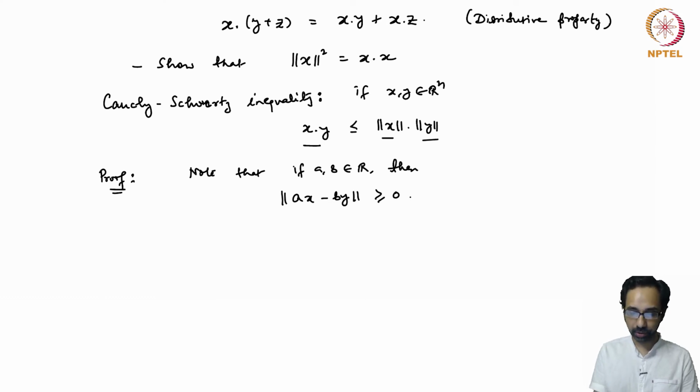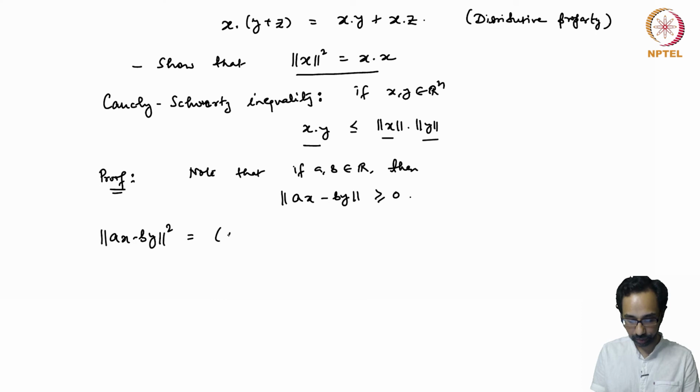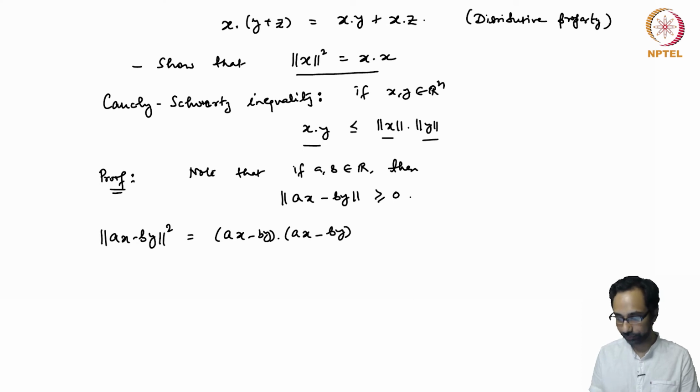Now using the second property here, we have (ax - by)² = (ax - by) · (ax - by).